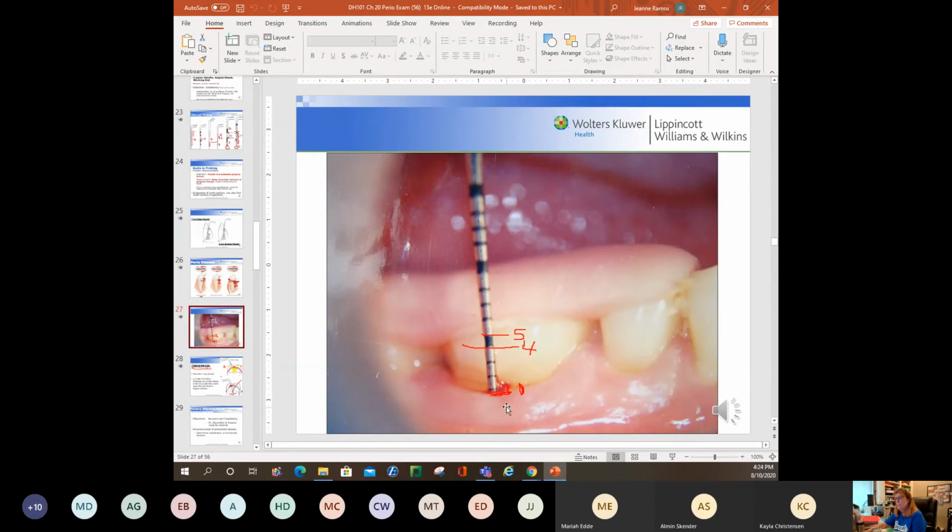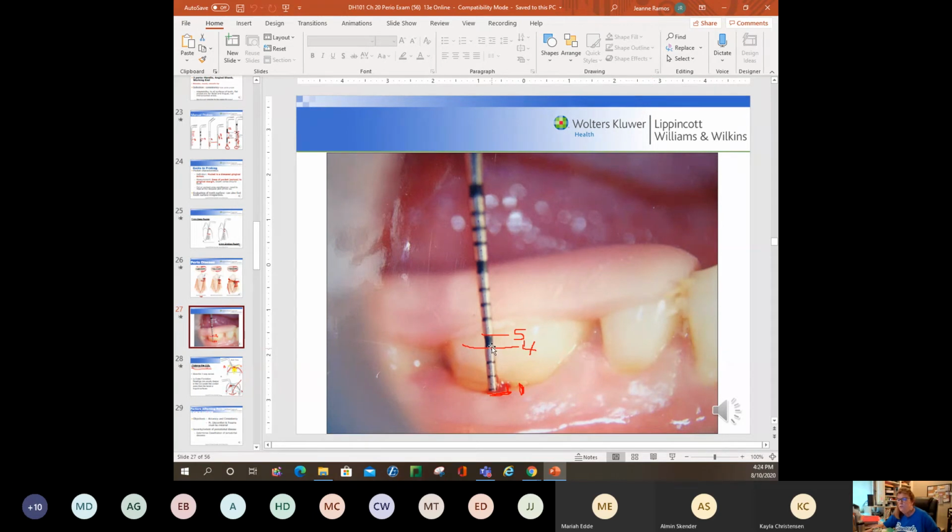So here it is slightly bleeding, and it was even before I put these red marks on there, but that would be what I would say is a slight BOP, bleeding on probe. And that's what we say, was there a lot of BOP? That means when you were probing, because there's going to be bleeding when you're scaling, but on the probe, the gum should be healthy enough to be able to take that.